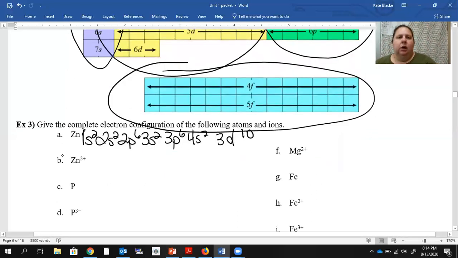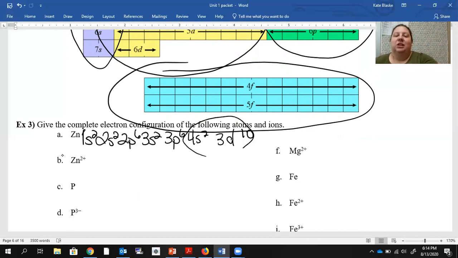Interesting thing. Part B says zinc +2. If I've got a +2 charge, that means I have 2 fewer electrons. Now, when we have to decide which electron zinc is going to lose first, because of this weird energy level flip thing that happens here, zinc is going to lose its outermost electrons first.